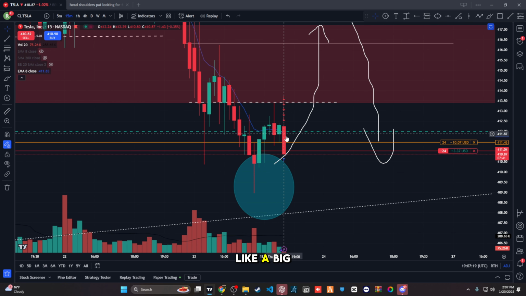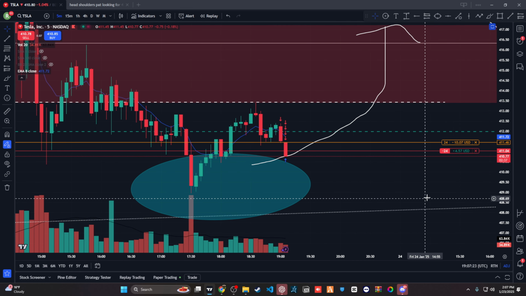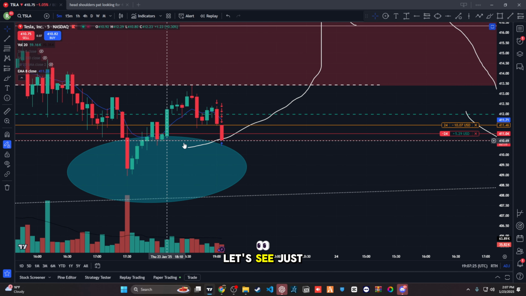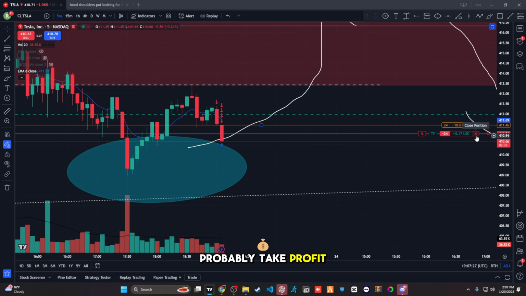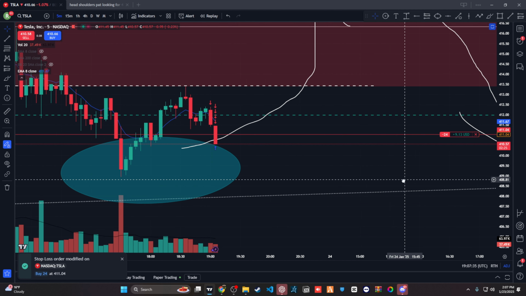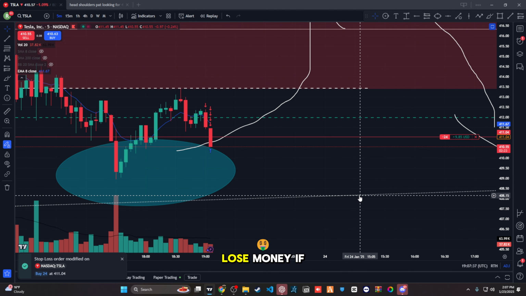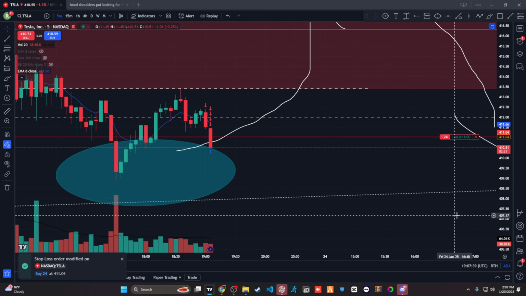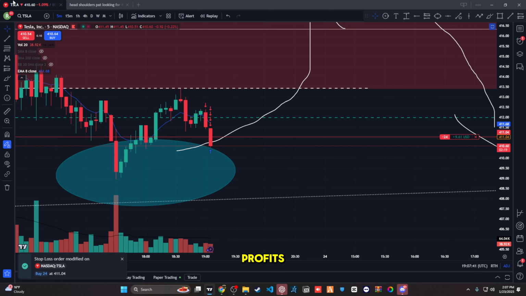This is already a big candle, so let's see. Just probably take profit. Trail it. I'm gonna try to break even. Now I don't lose money if the trade goes against me, and I can just lock in profits.